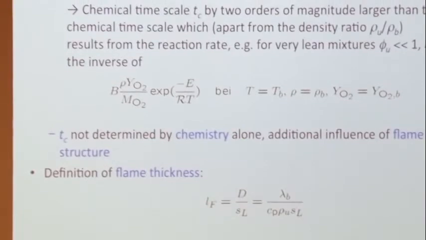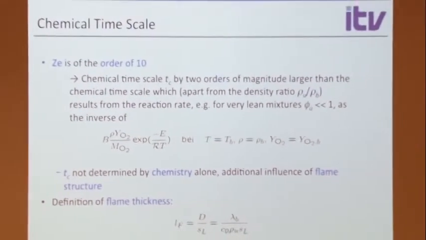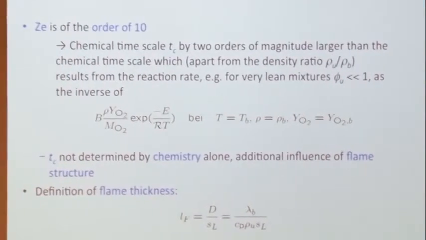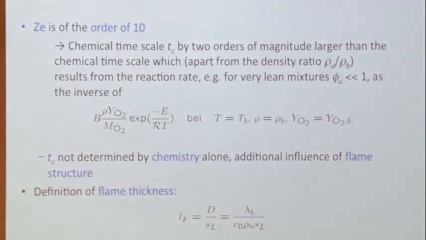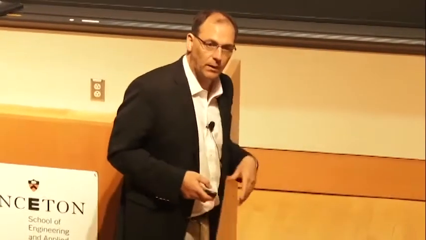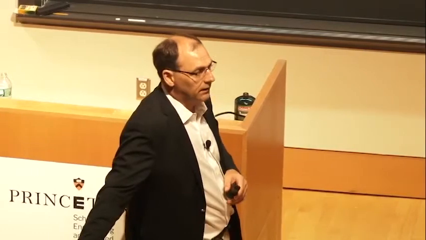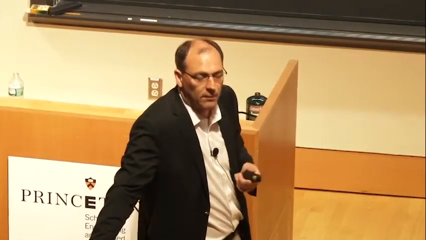Now, one thing that's interesting is that you could also determine a chemical time scale. I mean, let's say naively, you would say, okay, I have a chemical source term, which is Y fuel times Y oxygen times this exponential function. And if I divide this by one of the concentrations, then I have a time scale.